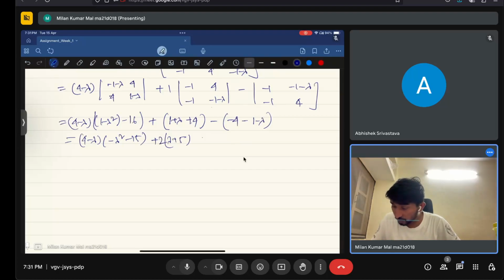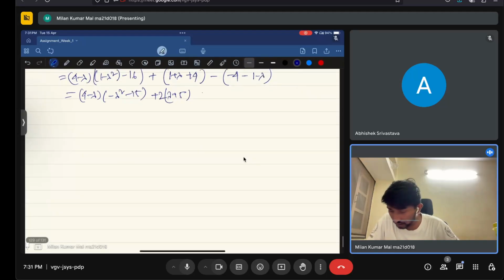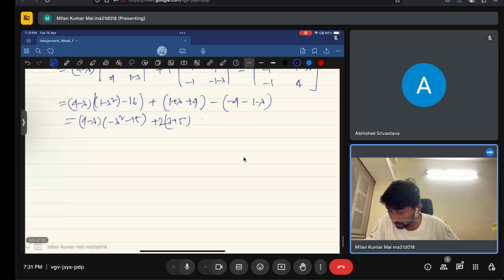So therefore what will be the corresponding characteristic polynomial? Or we can do the diagonalization process, that will also help.